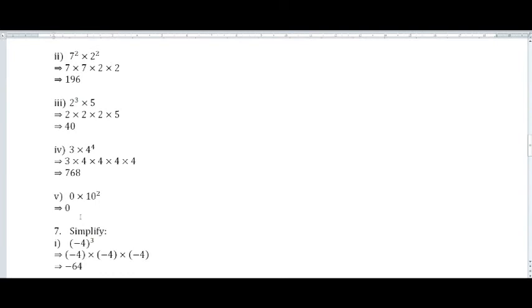Like that. Lastly, 50 into 10 to the power 2: here if you have any number which is extraordinarily large, also if you multiply any number with 0 the answer will always be 0.